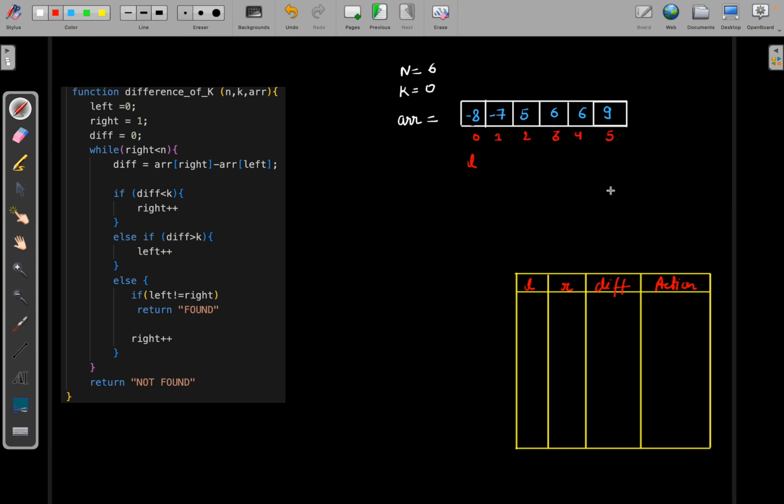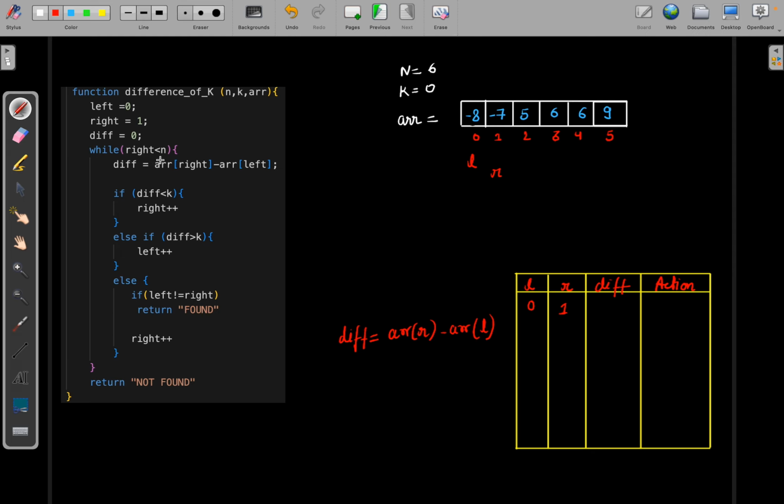Let me tell you what our difference will be: difference will be ARR of R minus ARR of L. My second pointer will be R, that is at 1. So let's start. Left is equal to 0, right is equal to 1, and the first difference is 0.